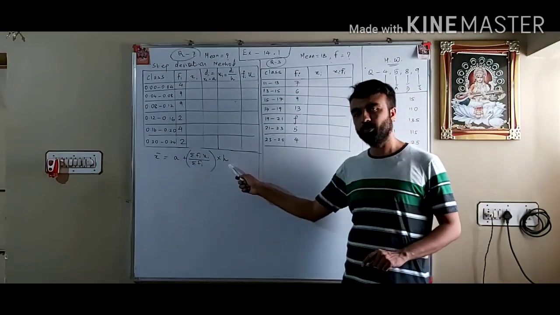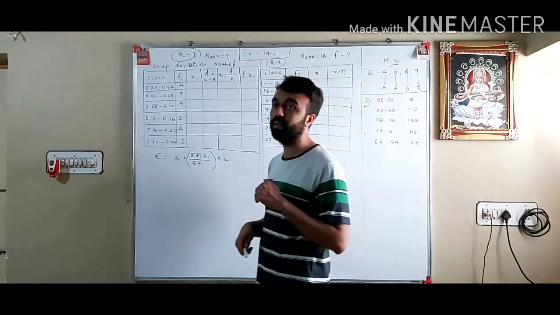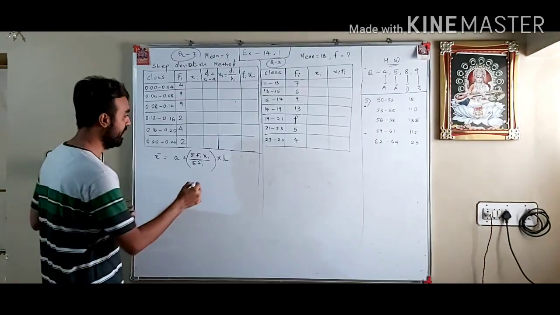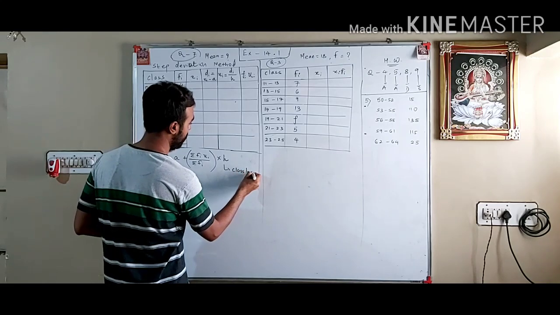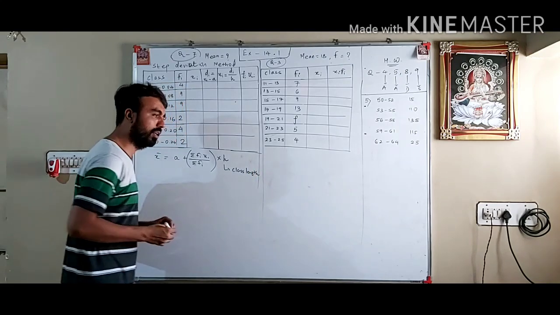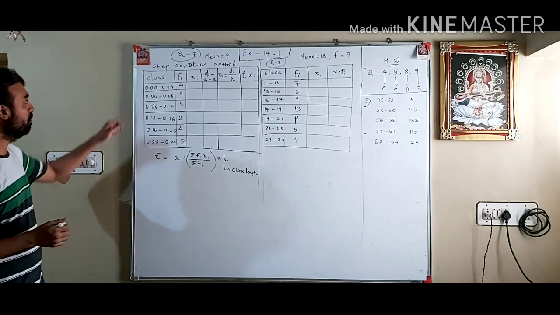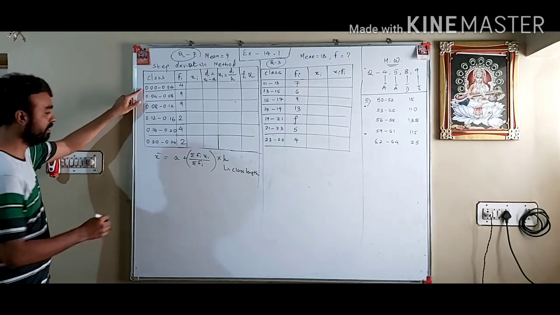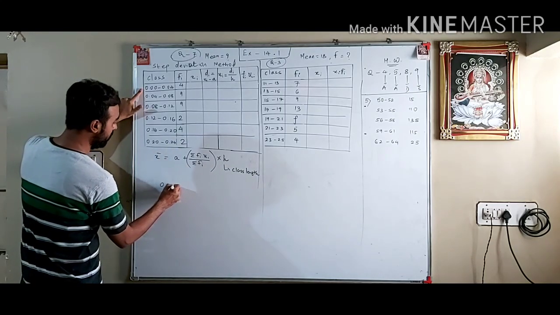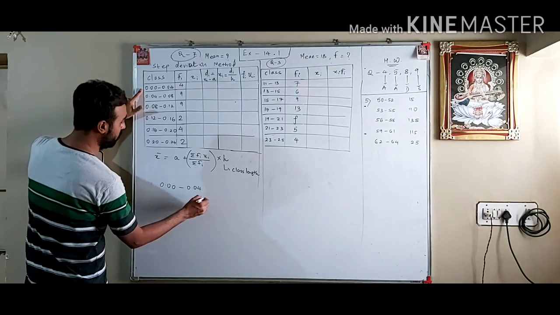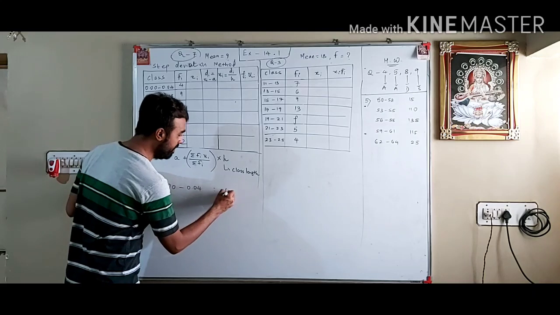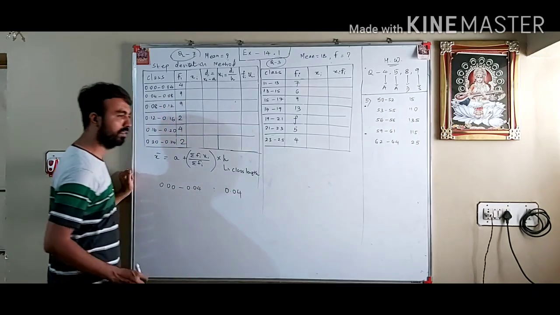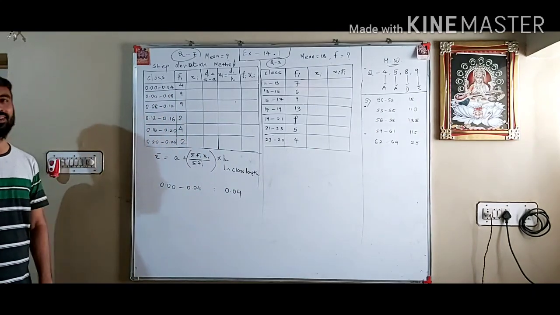What is h? h is called class length. What is the meaning of the word class length? What is the first class here? 0.00 to 0.04. Class length is 0.04. You need to subtract the numbers.